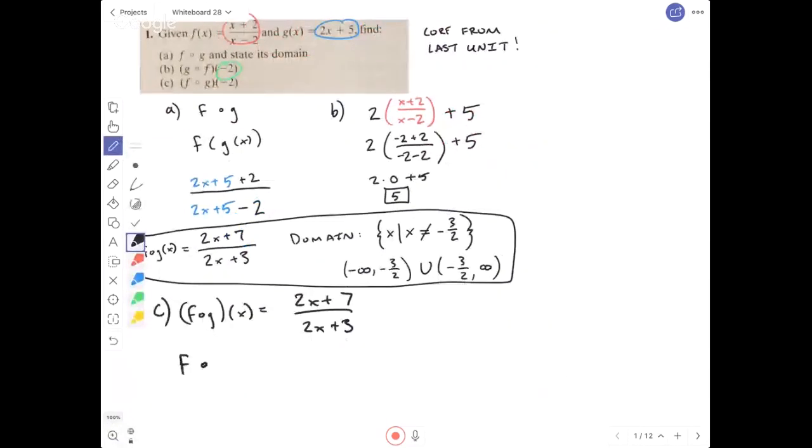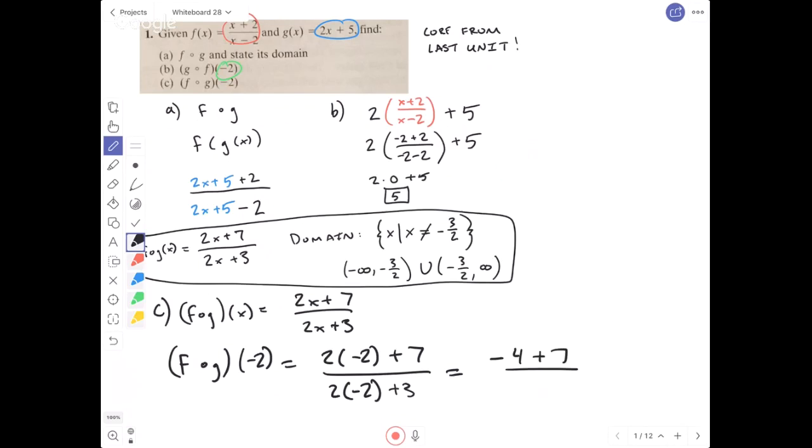And then f composed with g of negative 2 should be 2 times negative 2 plus 7 over 2 times negative 2 plus 3, which is negative 4 plus 7 over negative 4 plus 3, which is 3 over negative 1, so negative 3. Cool.